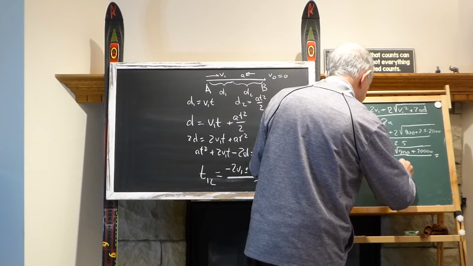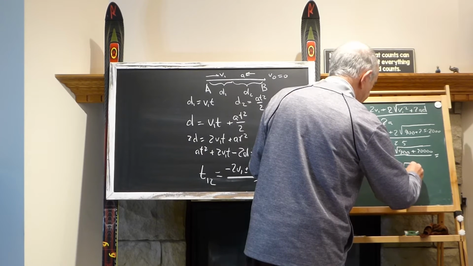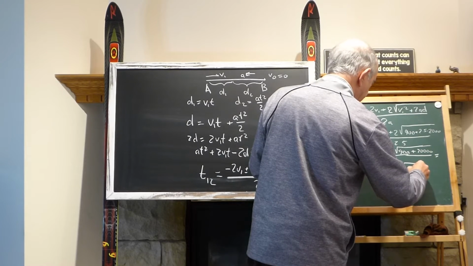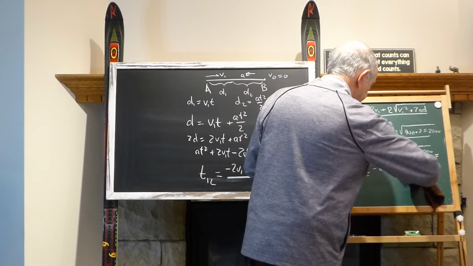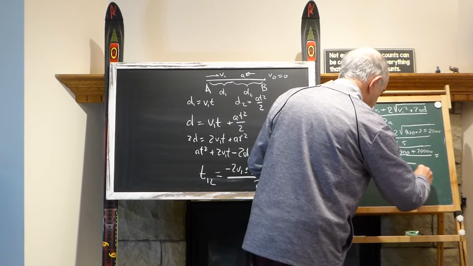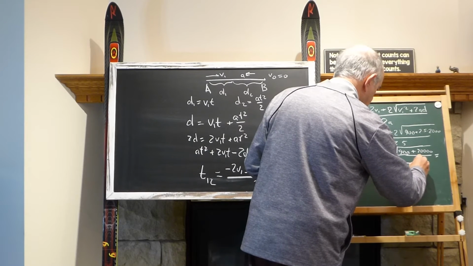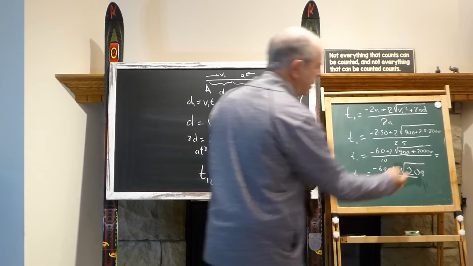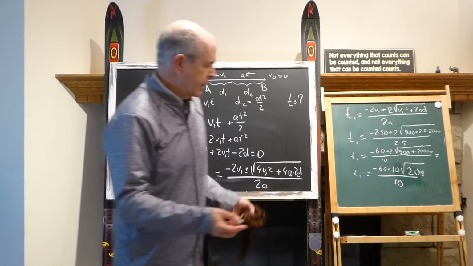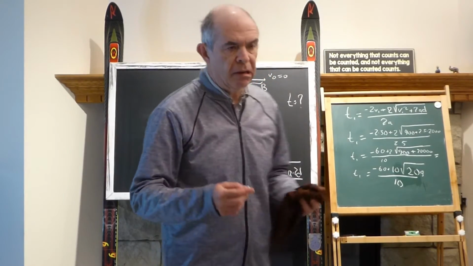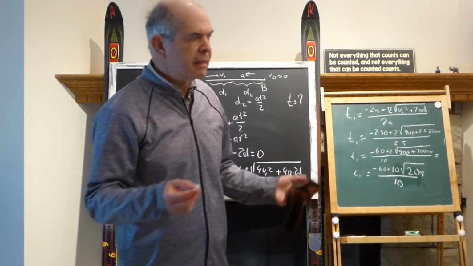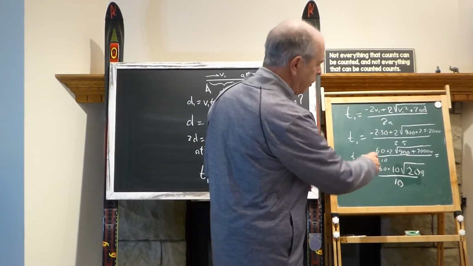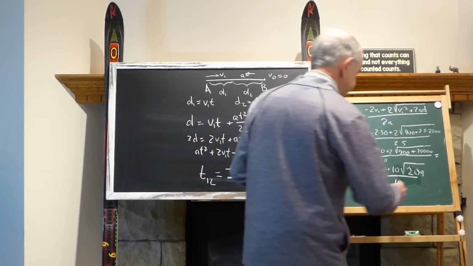You can put the numbers, I will not. It would be 9 plus 200, so 209, divided by 10. Now you can use a calculator, but I know that 14 squared is 196 and 15 squared is 225. So for my purposes, the square root is 14 and a half.